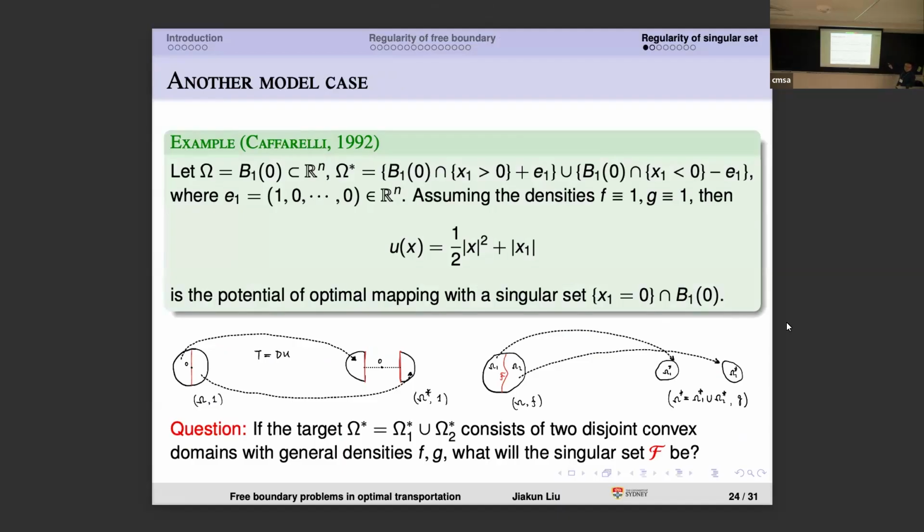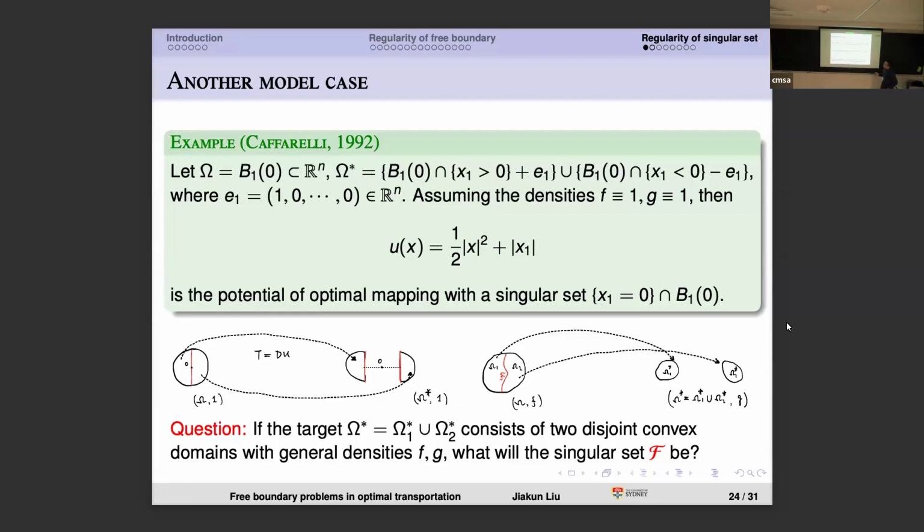Now, the third part of my talk: we are going to look at a slightly different model in optimal transport. It's quite interesting, so that's why I want to introduce this. In optimal transport, there's a famous example constructed by Caffarelli. If you look at any lecture notes, you will see this example.